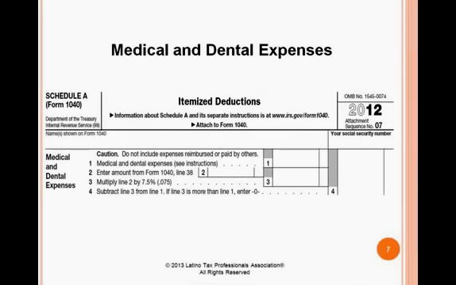The first part of Schedule A, itemized deductions, is medical and dental expenses. Now, this is a tricky one for people because they, of course, want to include everything, which is understandable, even including medical insurance. The problem is, in many cases, the medical insurance is paid out of their payroll and is already on a pre-tax basis, so they're already getting the benefit of it because it's already taken out of their taxable income.